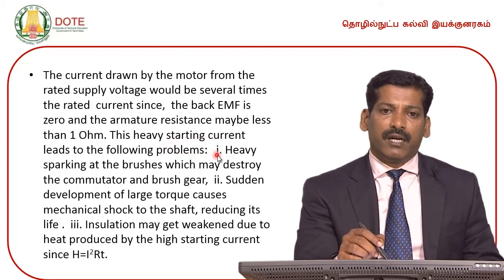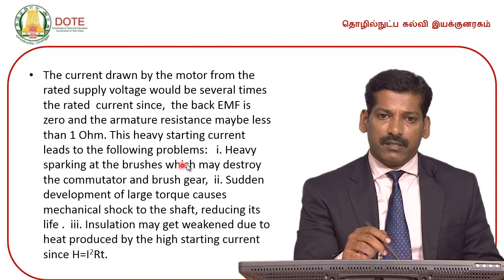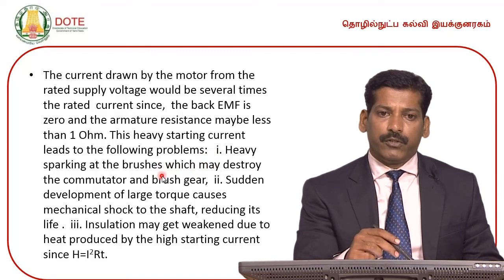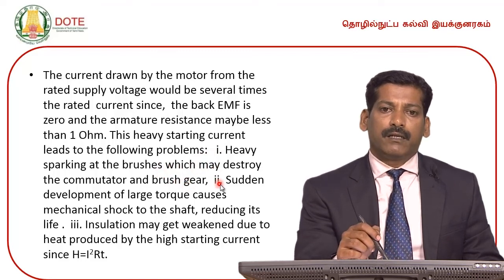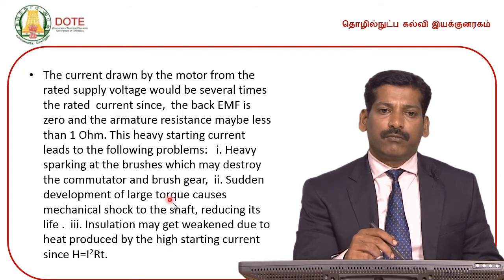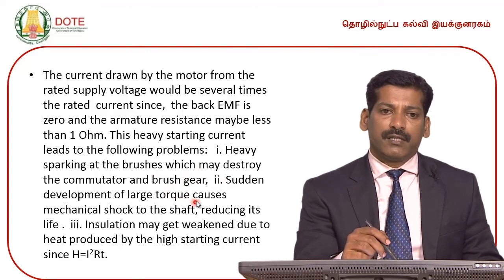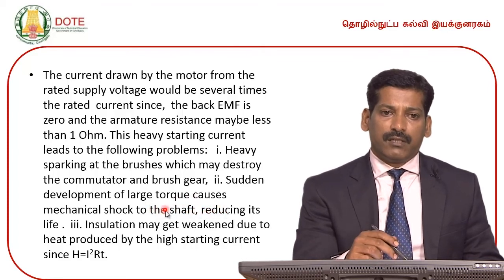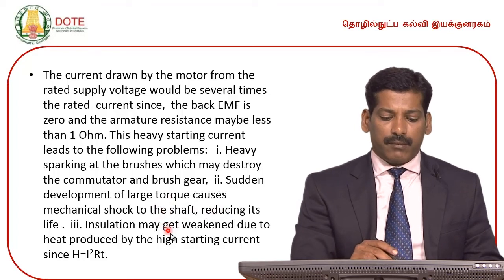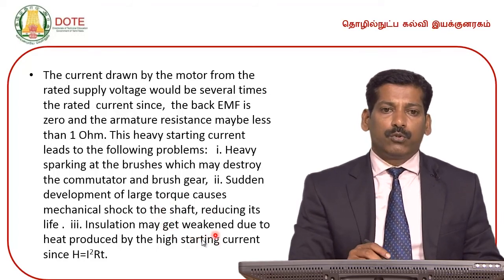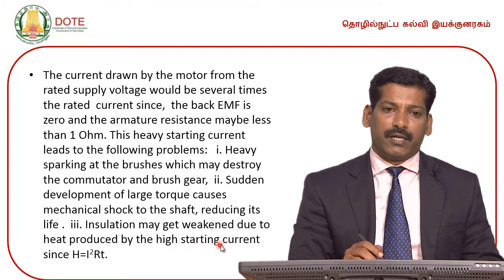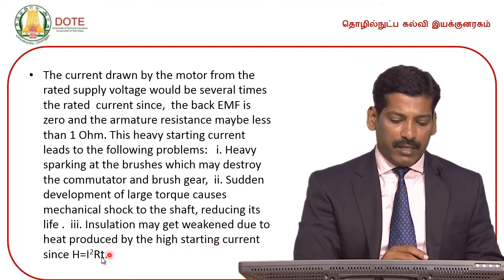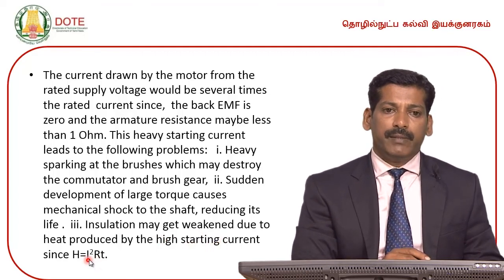One is heavy sparking at the brushes, which may destroy the commutator and brush gear. Number 2, sudden development of large torque causes mechanical shock to the shaft, reducing its life. Number 3, insulation may get weakened due to the heat produced by the high starting current, because the energy being developed will be I squared R T.